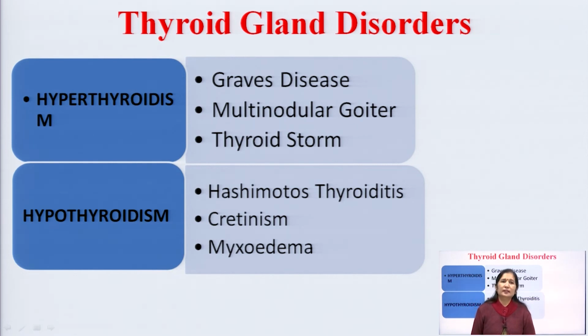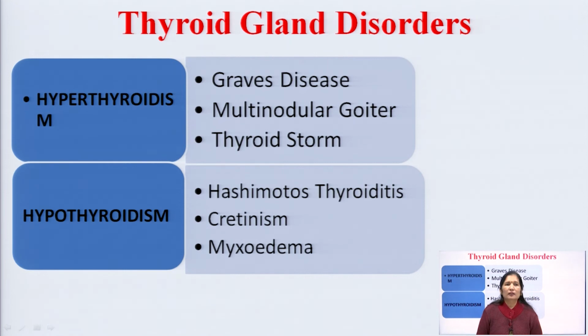Now, we will discuss the thyroid gland disorders and parathyroid gland disorders. Thyroid gland disorders: whenever a large amount of thyroid hormone is present, it is known as hyperthyroidism. When there is low thyroid hormone, it is known as hypothyroidism.